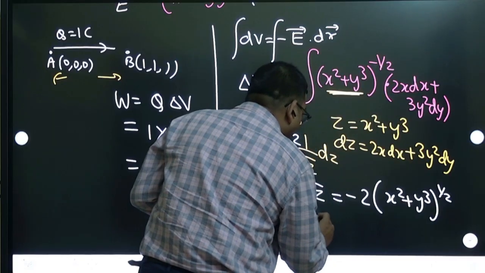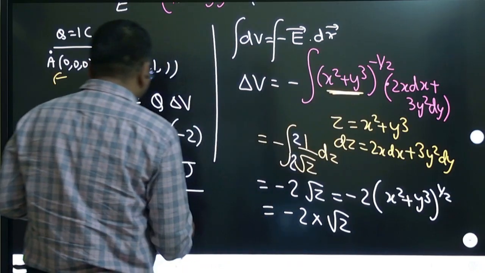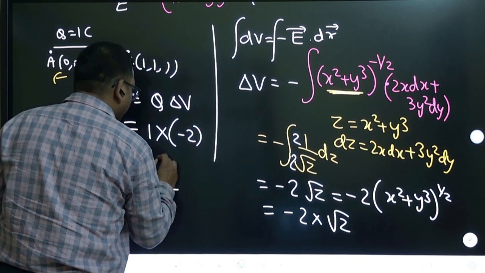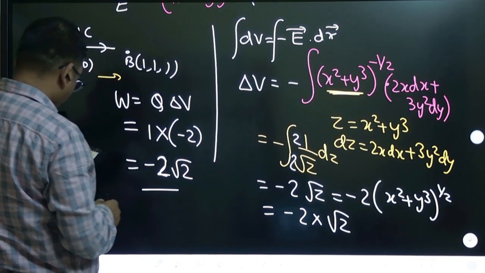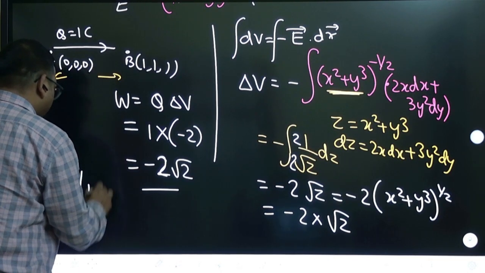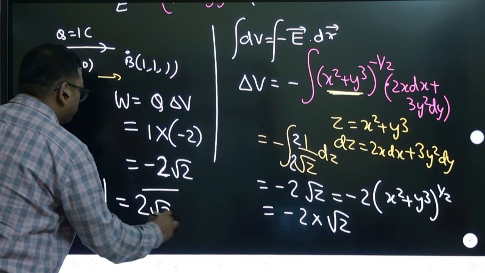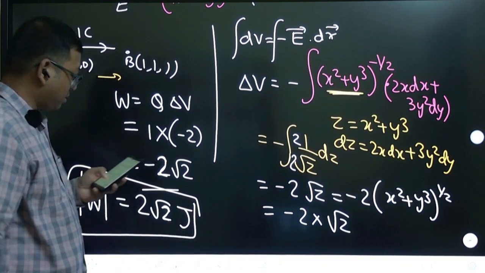So your upper limit has come as root 2, right? 2 root 2, so this will come minus 2 root 2. Magnitude they are asking, so take the magnitude of work, that will come 2 root 2 joule. Clear? This will be the answer.